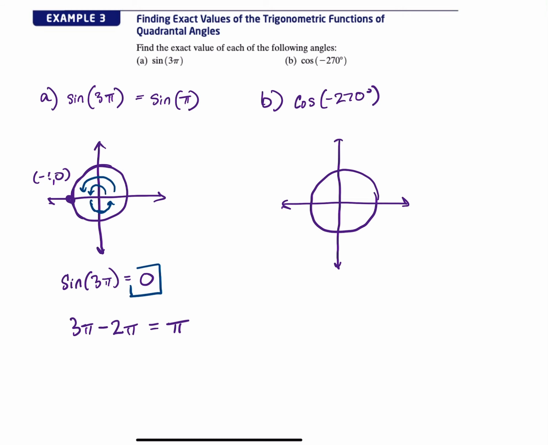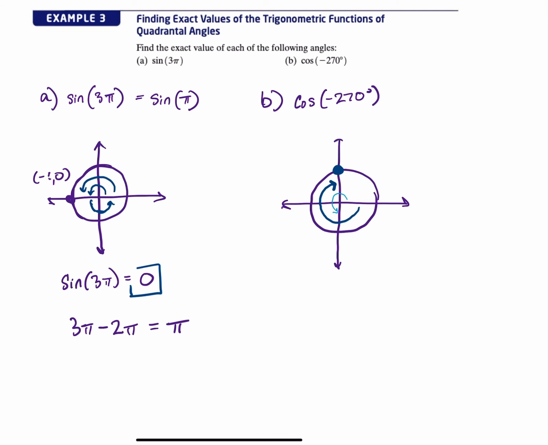Positive 270 degrees, you would rotate counterclockwise, and that's down here. You move through 3 quadrants and then end on the axis. So you just need to make that same rotation in the clockwise rotation to make it a negative angle. So go through 1, 2, 3, and then end on the axis.